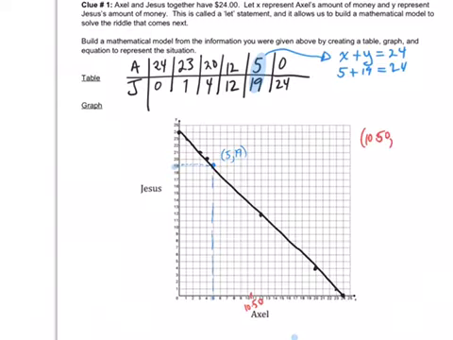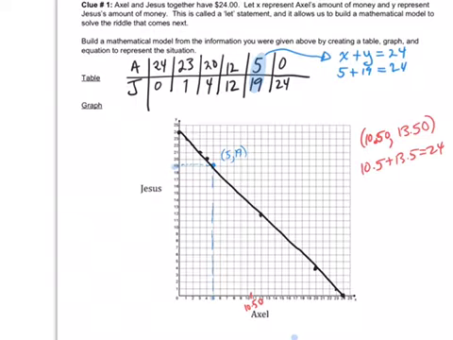And if Axel has $10.50, then in order for them to have a total of $24, Jesus would have to have $13.50, because 10.5 plus 13.5 makes a total of $24.